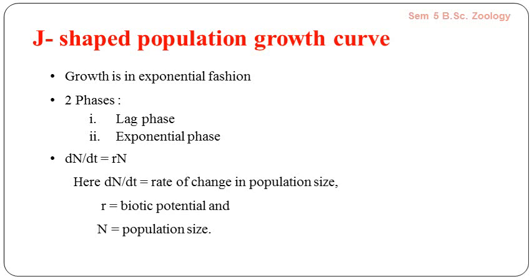Okay, and then there is a rapid rise in the population size until it reaches a level where there is huge competition, and then suddenly it stops and there is a rapid decline in the population size due to environmental resistance and other limiting factors. And so there is a sudden drop in the population size.